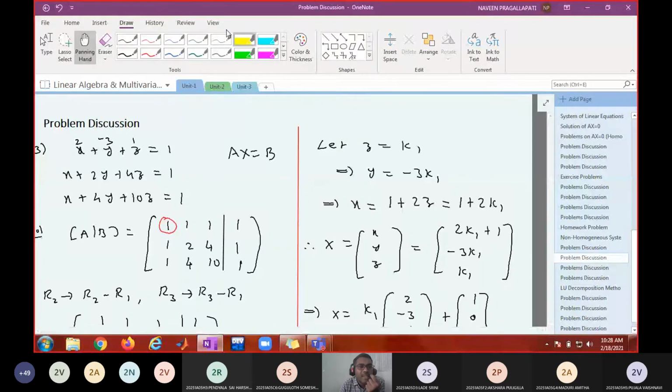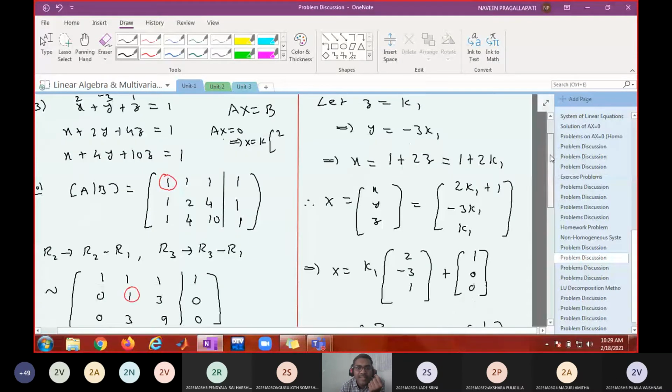That means (2, minus 3, 1) is actually a general solution of Ax equal to 0. What is Ax equal to 0? x plus y plus z equal to 0, x plus 2y plus 4z equal to 0, x plus 4y plus 10z equal to 0. So when you solve the system, you will get x equal to k into (2, minus 3, 1).